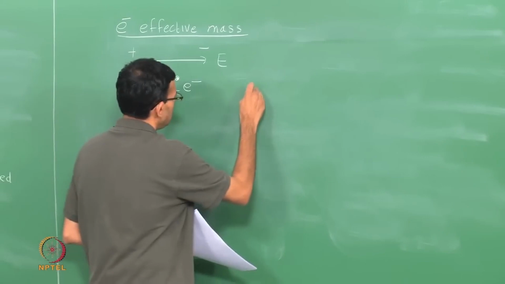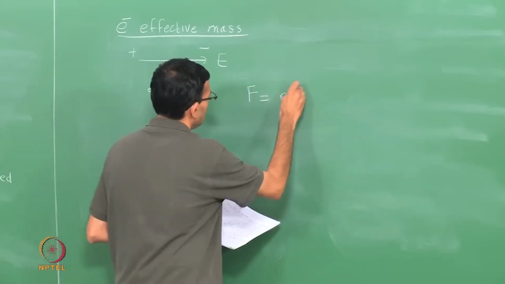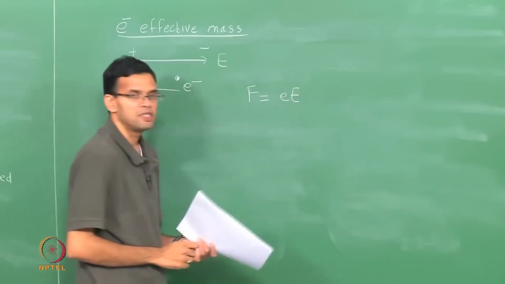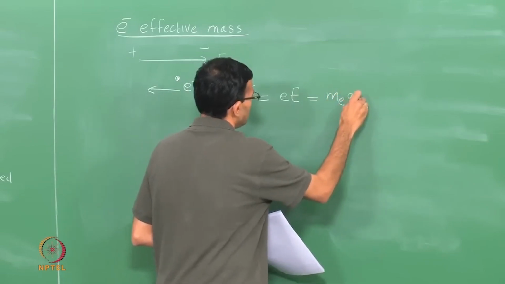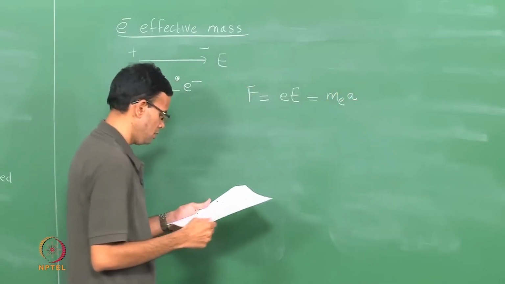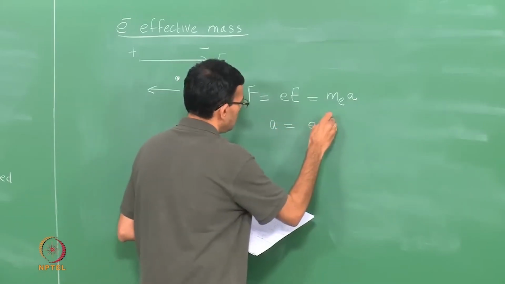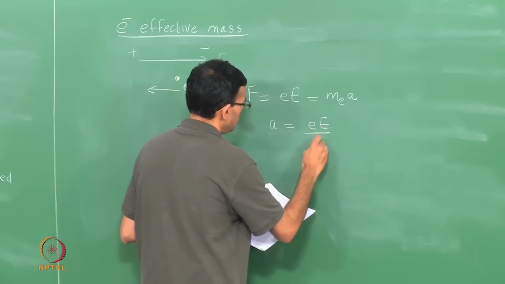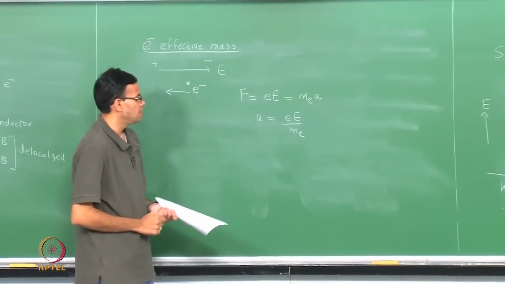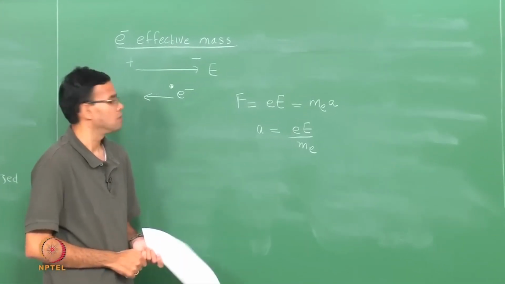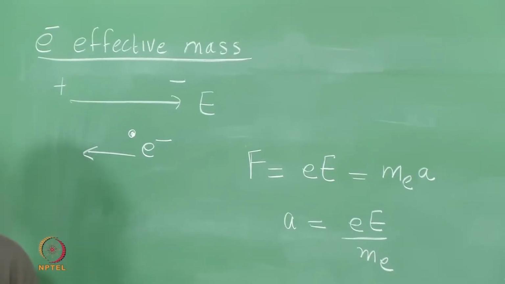For such an electron, the force acting on it is nothing but the charge times the electric field, which is equal to the mass of the electron times the acceleration. So, the acceleration is equal to the electric field times the charge divided by the mass of the electron. Now, this is the picture for an electron that is in free space.